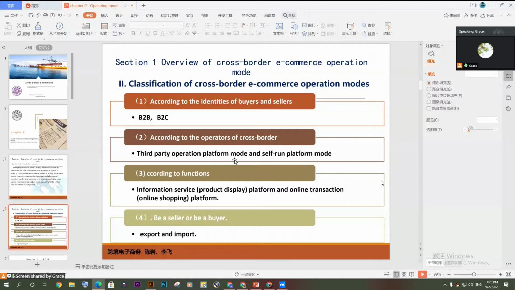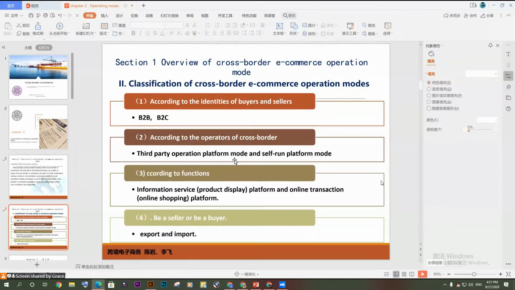That is a classic, typical example of a self-run platform, because Walmart is the seller, and they build their own platform to sell their own products. But Taobao, AliExpress and Amazon have many sellers who don't have their own platform, and they just use Amazon, this public platform, to sell their products.